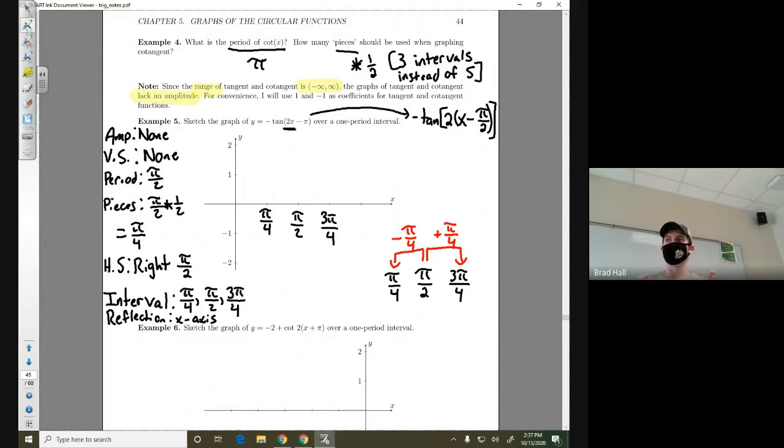By doing it this way, it will always be true for tangent that your first interval value will have an asymptote, and your last one will have an asymptote. That will always be true.